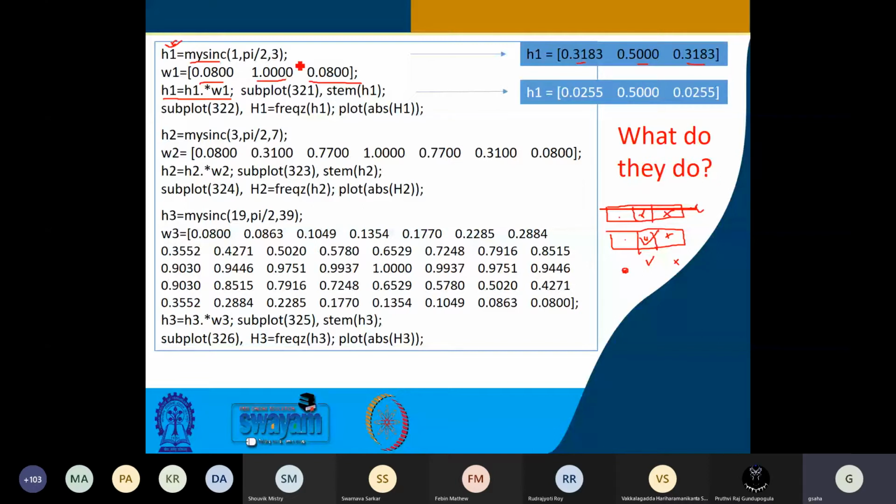So if W1 was 1, 1, 1, with element by element multiplication, the modified H1 will also be the same as this. But what you are doing, W1 is made 0.08, 1 and 0.08. So the central one remains the same, but the other two are downweighted to a great extent, by which modified H1 becomes like this.